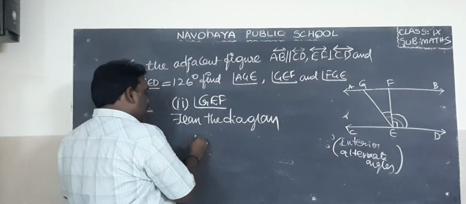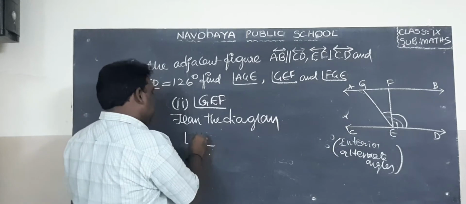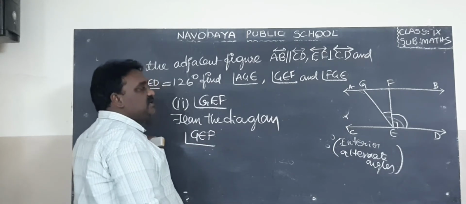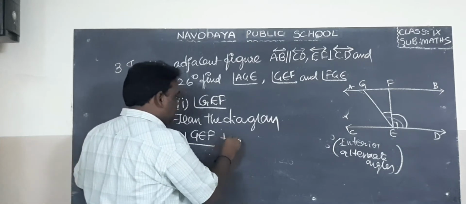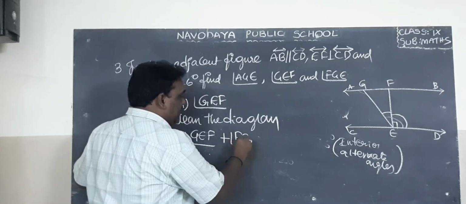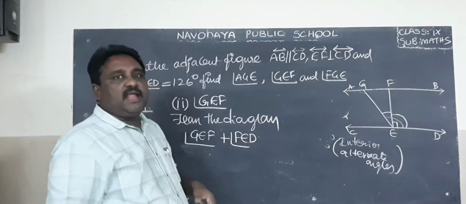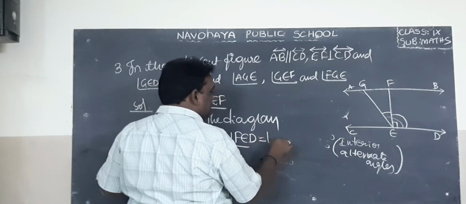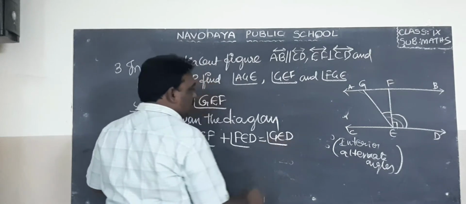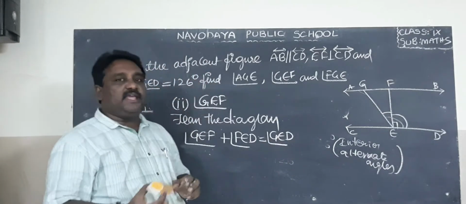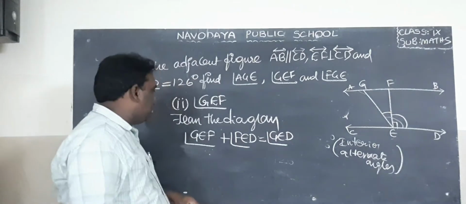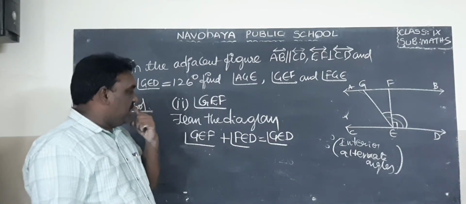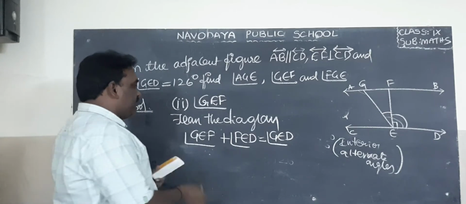Okay? From the diagram, angle GEF plus angle FED equal to angle GED. So angle GED is the combination of two angles. First angle, angle GEF plus second angle, angle FED.